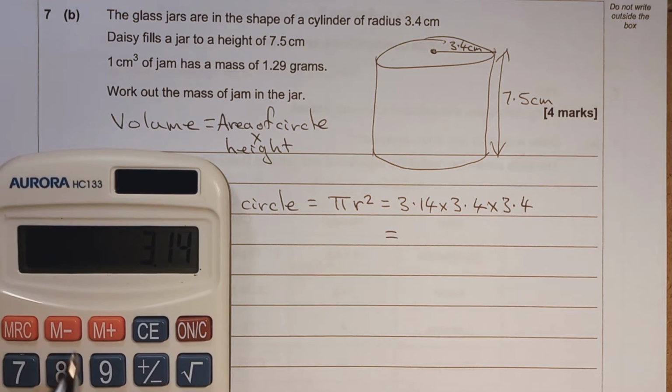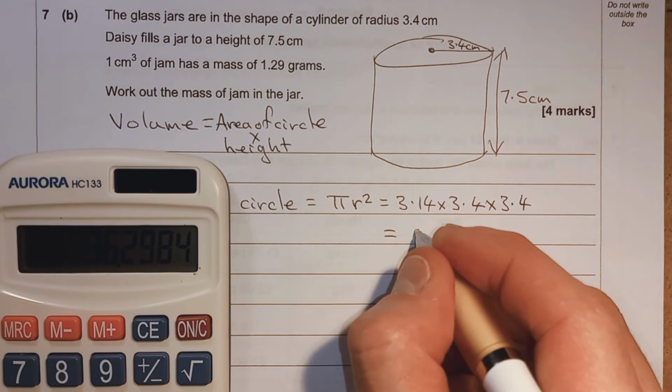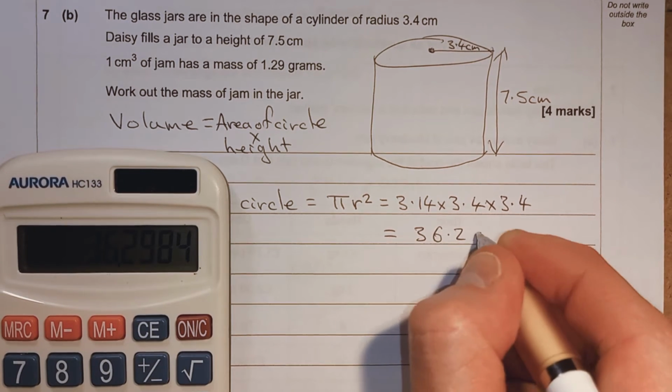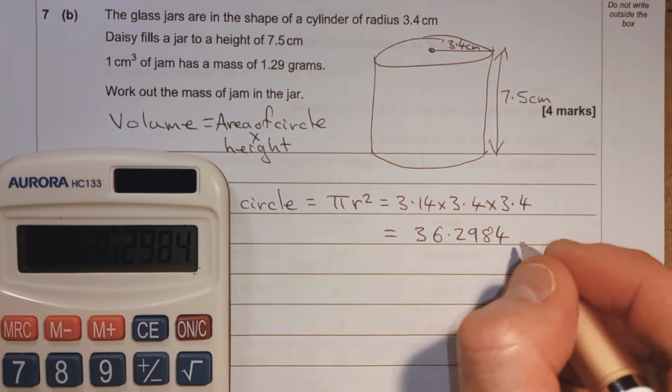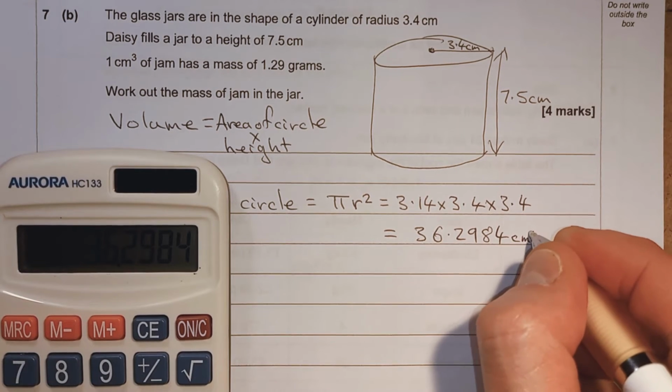So 3.14 times 3.4. Be careful here, because we've got 3.14 and 3.4. So that gives us an area of 36.2984, and its area, so it's centimetres squared.